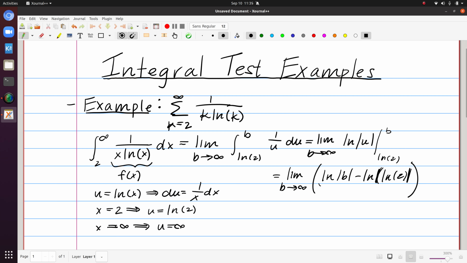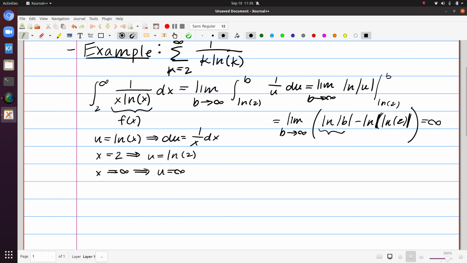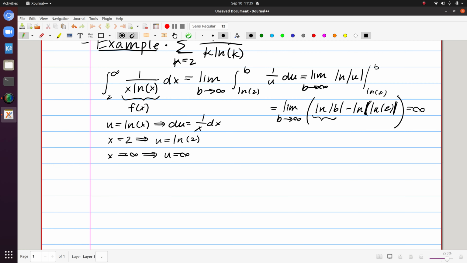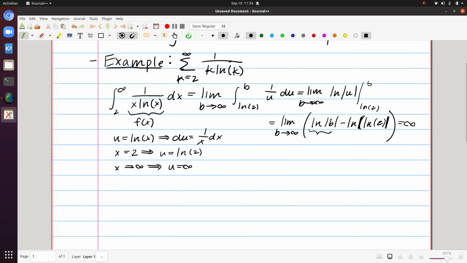And it's this part that's problematic here. As I send b to infinity, that's going to go to infinity. So we find that the integral does not approach a finite number. Consequently, the integral diverges. And what the integral test then says is that the series behaves the same way. So the original series, 1 over k natural log of k, diverges.